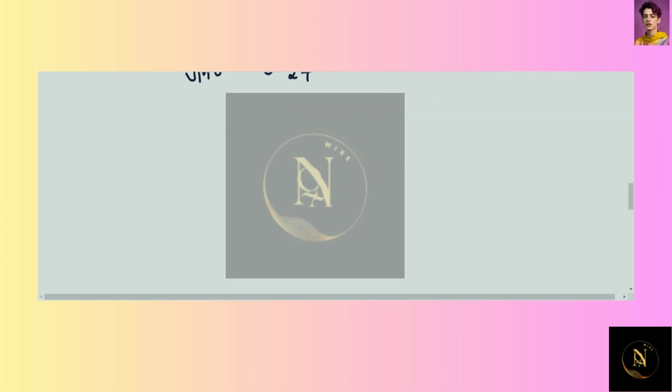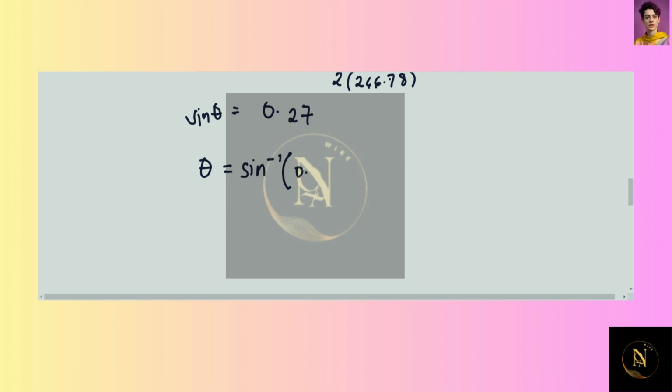Isolating the angle theta to the left side of the equation, theta is equal to sine inverse of 0.27.